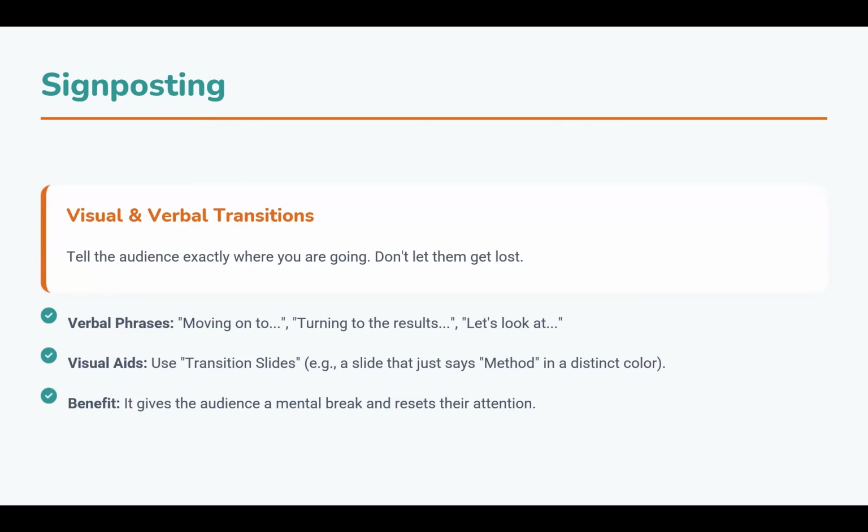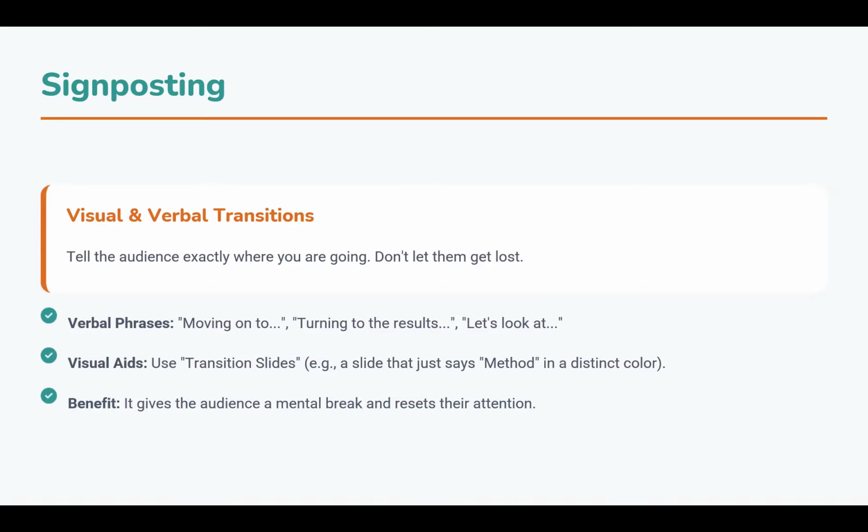How can you do that? Tell your audience exactly where you are going. Don't let them get lost. When you're talking about a particular thing, you have to refer to both the narration as well as the IMRAD structure. Now look at methodology, how I did it. When you say methodology, it's about the IMRAD structure. And when you go to the narration, how I did it, you see?